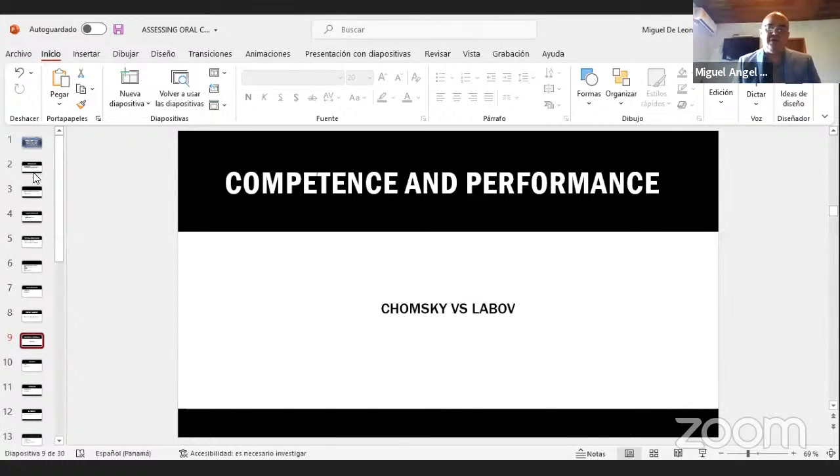So how to use language in a context with the implicatures that it has, what is the intention, the purpose of the speaker, right? Now, if you ask me, who's right? Are you Chomskyans or Labovians? I would say both, as a university professor. Why? Because we cannot ignore prescription as professors, especially professors of oral communication, of language, of conversation, of grammar.